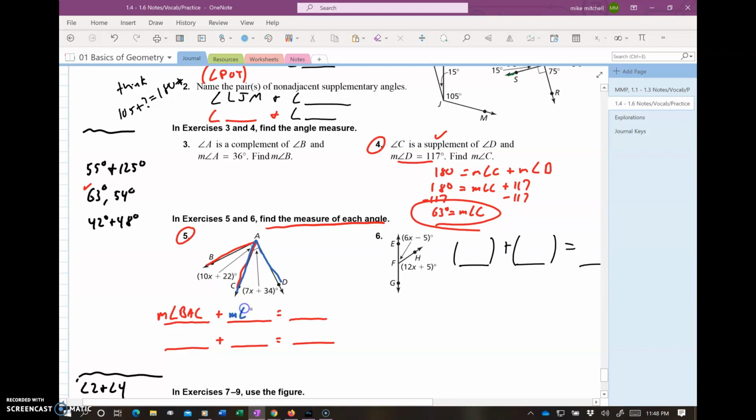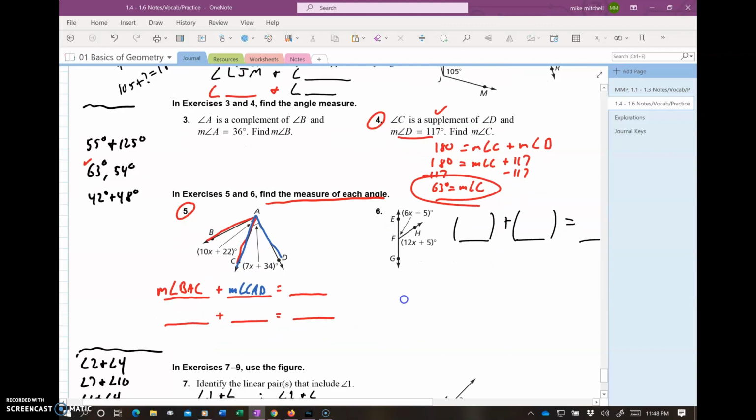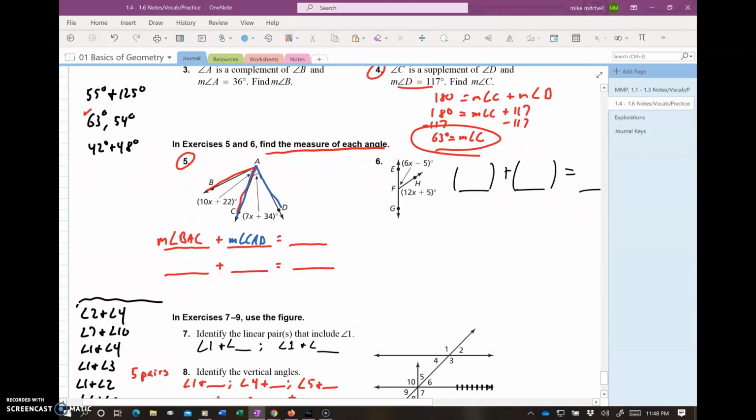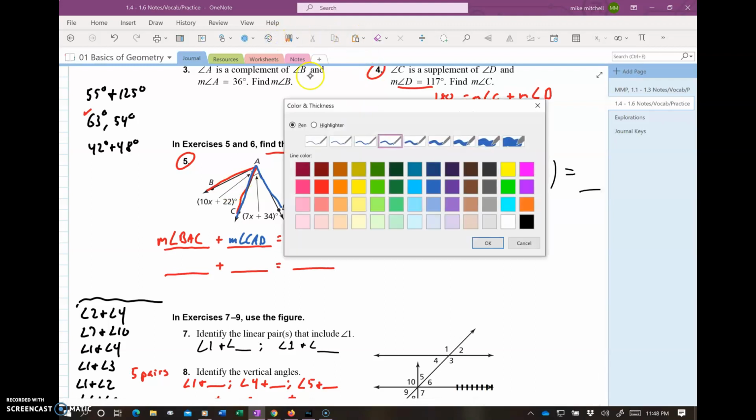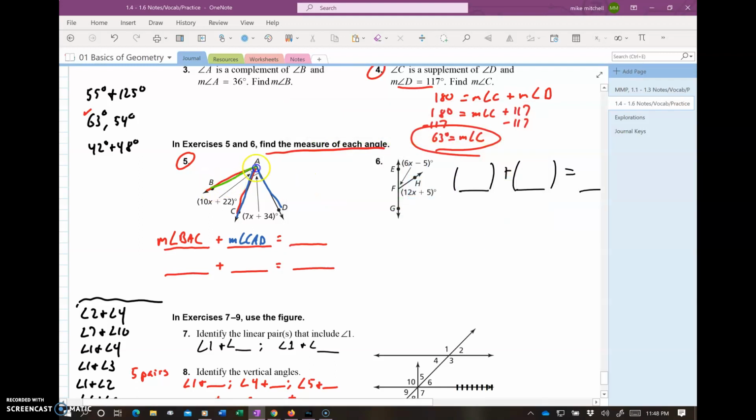Should be measure of angle CAD. And we're almost out of time here. Equals our big angle, and I've got to rush through these because we're not going to make it. That's our big angle, measure of angle BAD. Put your numbers in here. This is 90 degrees. We get it from the right angle. Put your other numbers in there and solve it.